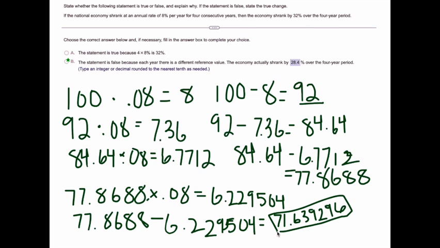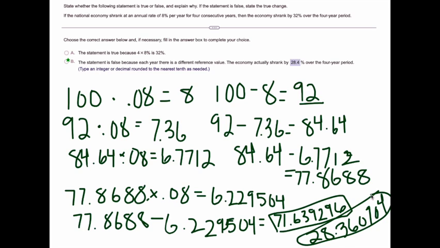And when I subtract that from 100 to see what the difference is, we get 28.360704. So it's the same exact answer we got when we did the first method. We just did it in more steps, and that's fine.